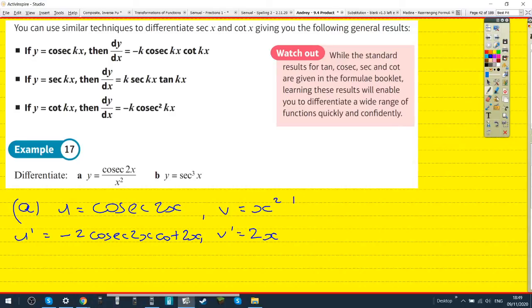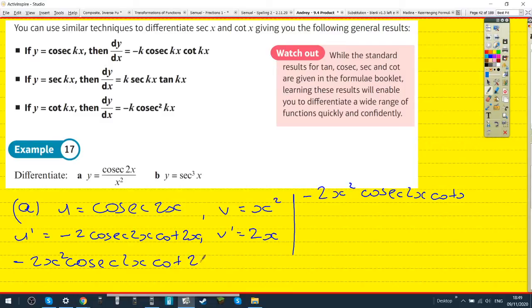And so now I do x squared, or even just minus 2x squared cosec 2x cot 2x, and then do minus cosec 2x times 2x. Okay, minus 2x cosec 2x.